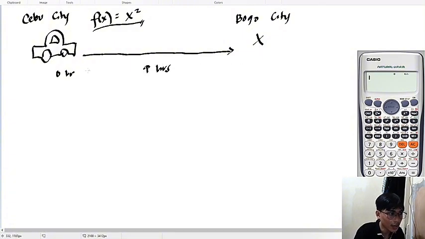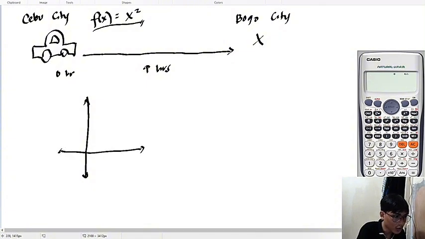So from this point to this point, it arrives at exactly 9 hours. Notice, if you draw the curve of this function, it is quadratic, so the curve looks like this. From 0 to 9, let's say this is 9. So we create a secant line, right?